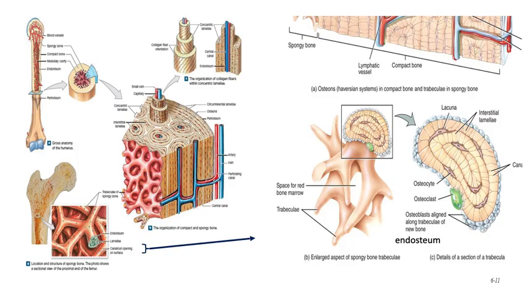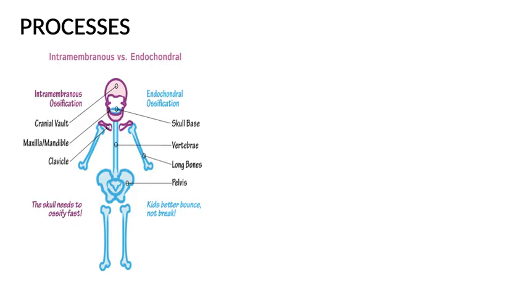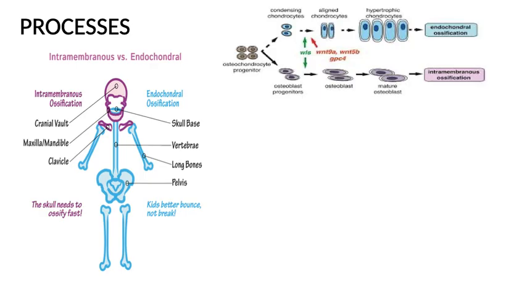It also has osteoclasts ready to remodel it whenever it needs remodeling. And also you can see the trapped osteocytes and connecting canaliculi. So the processes, we said that we have the intramembranous and endochondral.